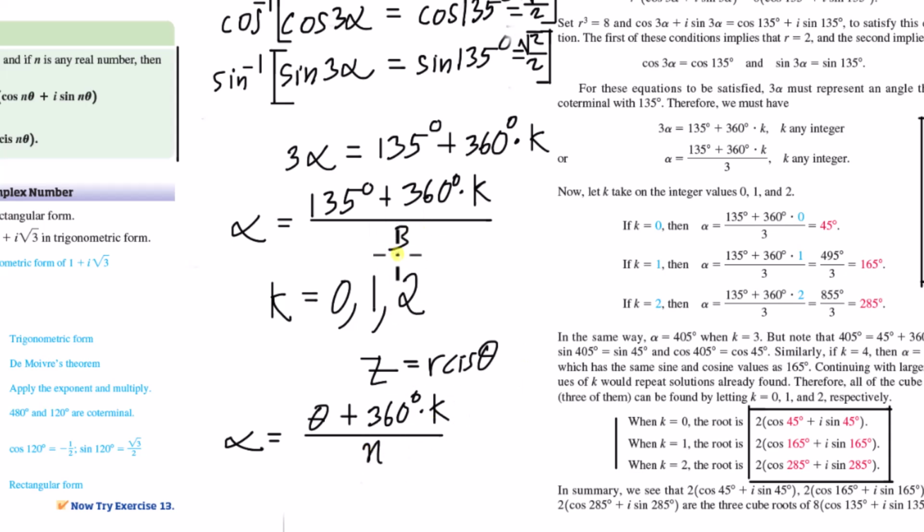We divided by 3 here. But if you think about the process we went through, what would always happen is you're dividing by n, whatever the nth root you're trying to find, okay?